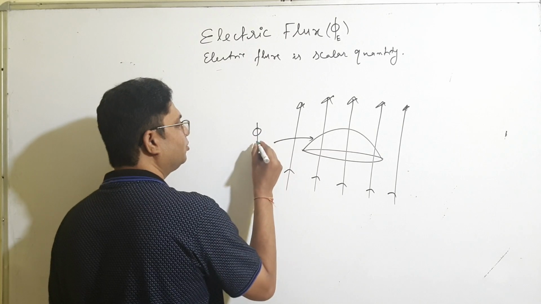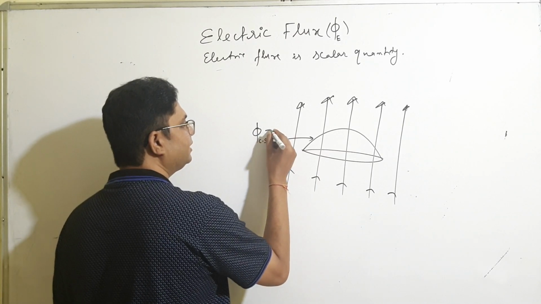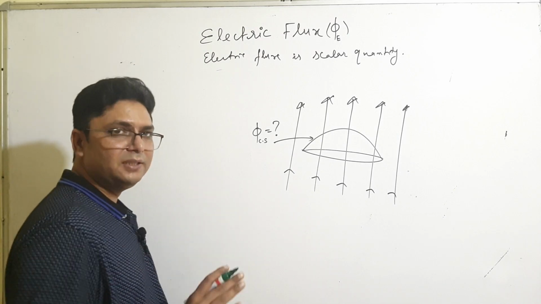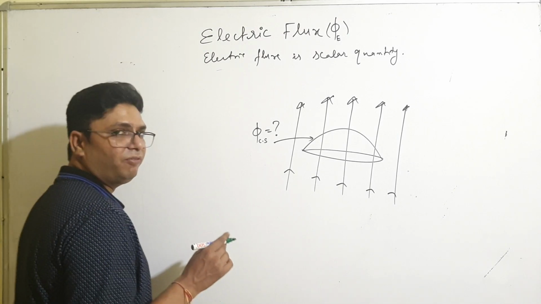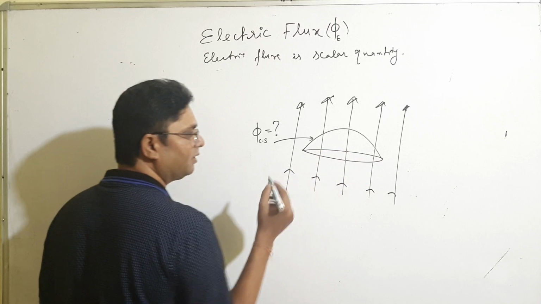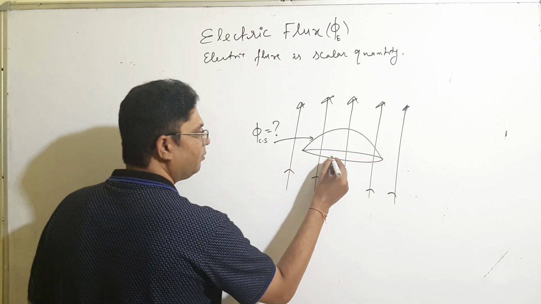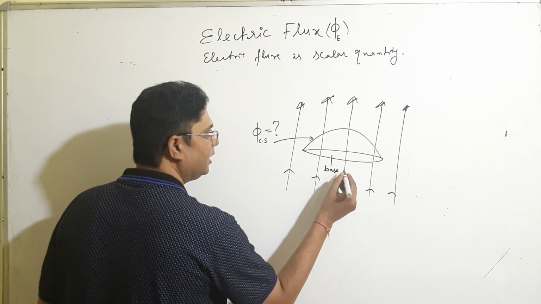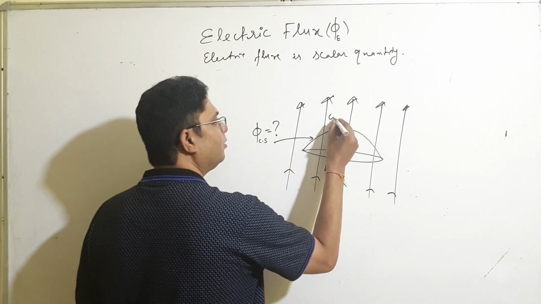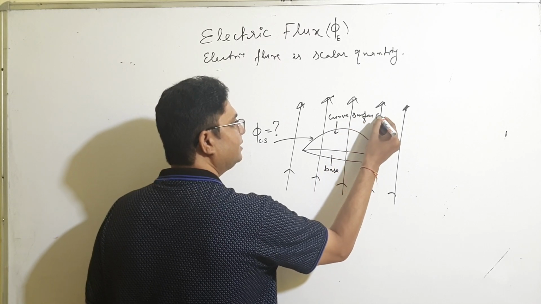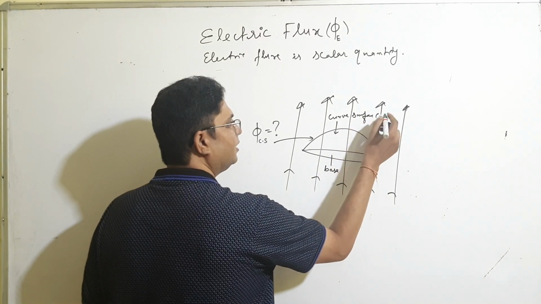The question is, for finding this, we will first find electric flux through this circular surface, that is the base. This is said to be the base and this is said to be the curved surface, symbolized CS.